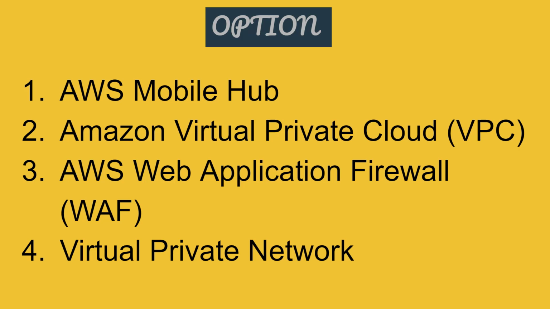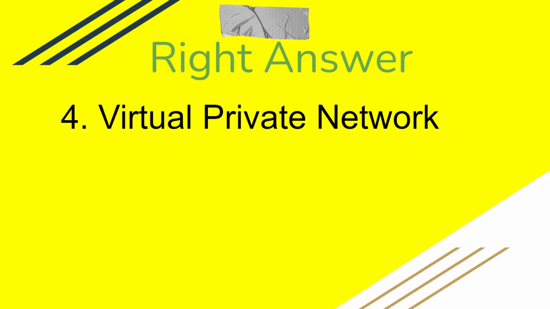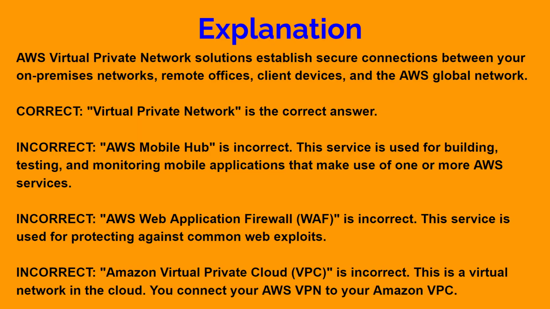Virtual Private Network. Right answer is 4. Virtual Private Network. Explanation. AWS Virtual Private Network solutions establish secure connections between your on-premises networks, remote offices, client devices, and the AWS Global Network.